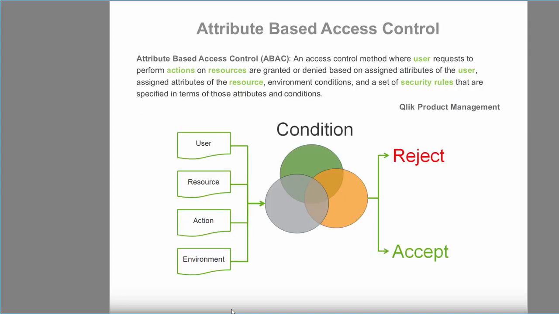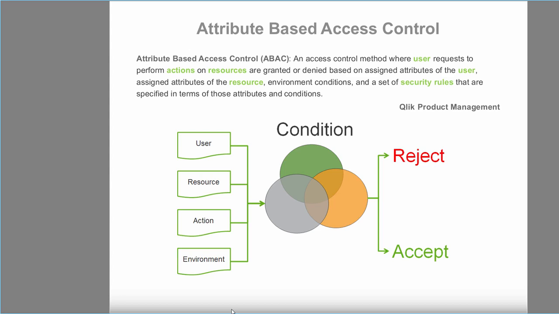So if we take the Qlik definition of attribute-based access control and dig a little bit deeper from a visual standpoint, you can see in this figure we have our users, our resources, which are our streams, our apps, our stories. We have actions: read, create, publish. And then we have an environment.